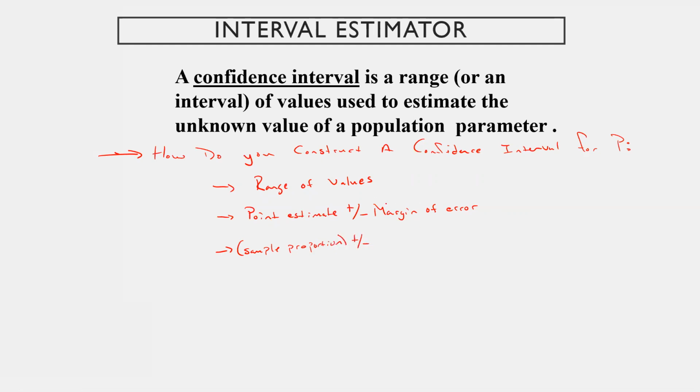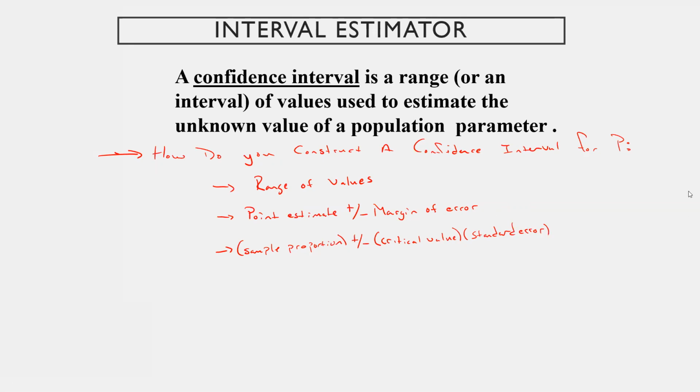A margin of error is always made up of two things: a critical value times the standard error. Always.